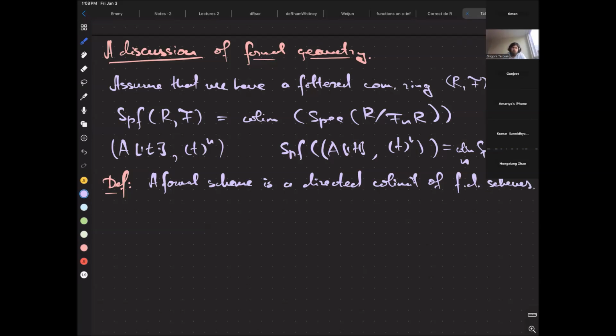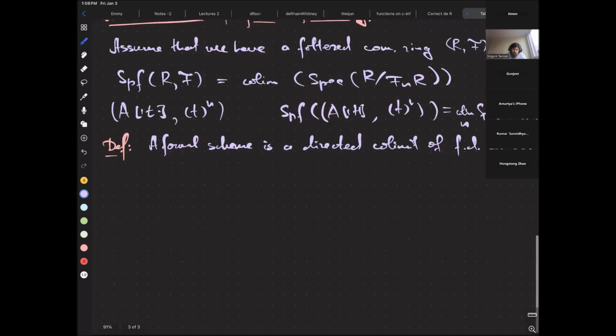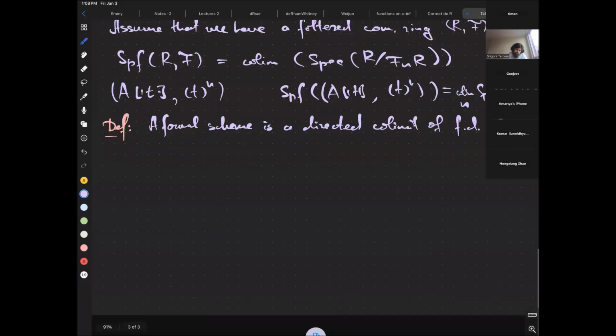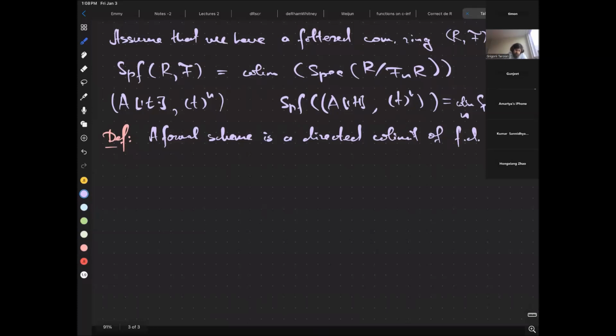And this is done in the category of, for example, just sheaves of sets on the category of schemes. So now, if we know what a formal scheme is, we can, of course, define a formal group as a group object in formal schemes.